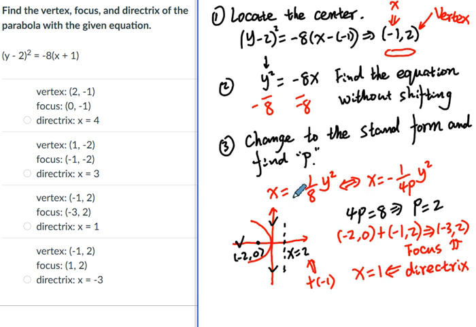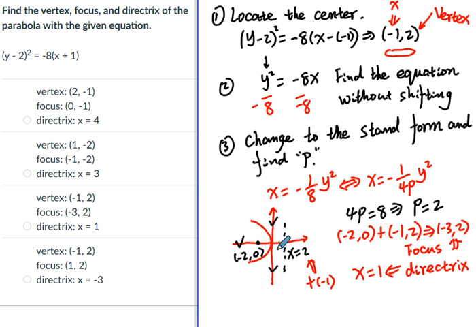The rest of them are all the same, negative, negative. So 4p equals 8, then p has to be 2, because 2 times 4 is 8. Once you have p, then you can almost find everything.